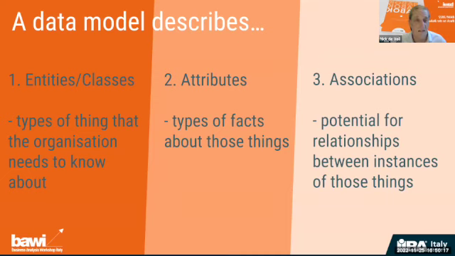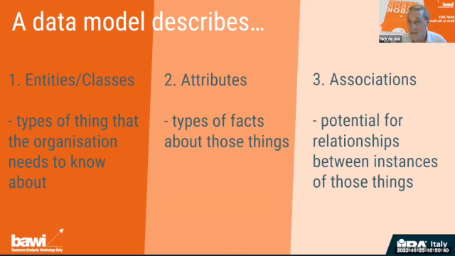Firstly, entities or classes, and these are types of thing that the organization needs to know about. So if I'm running a retail chain, I need to know about my customers. So a customer is an entity. I need to know about my shops.